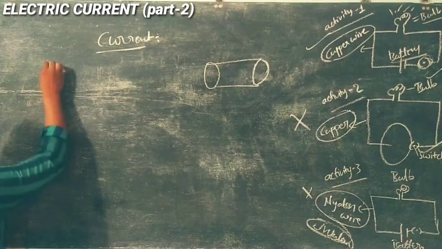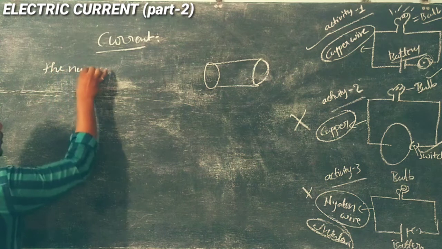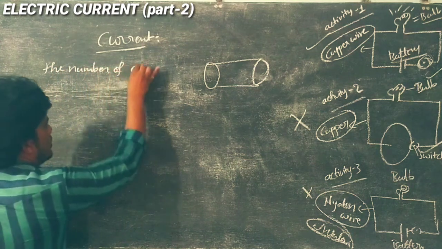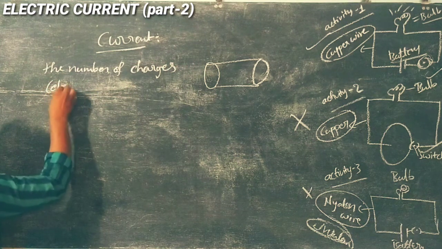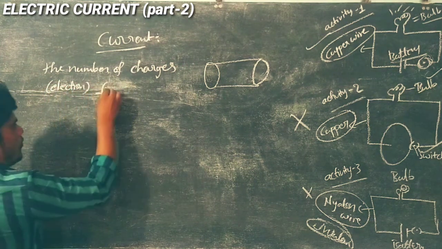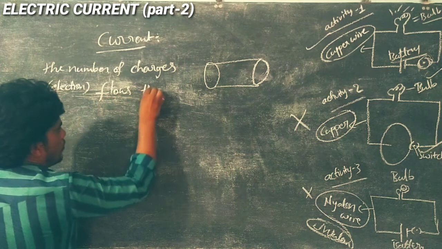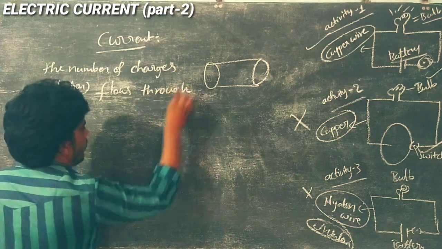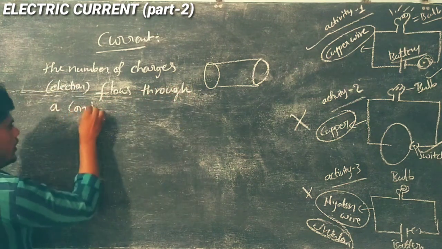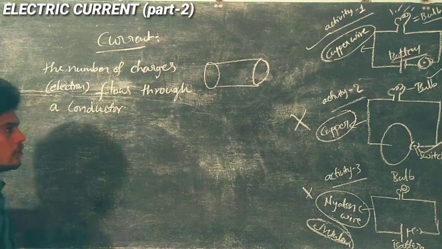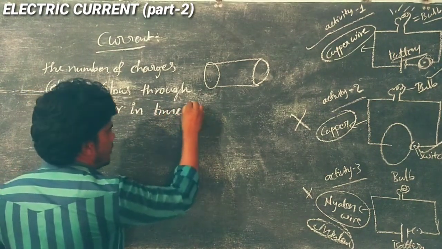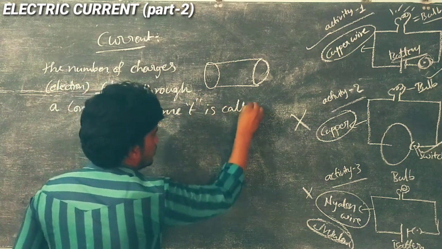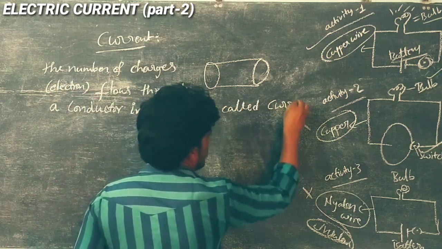So current can be defined as the number of charges, the number of charges means electrons, that flow through a conductor in time t is called current.